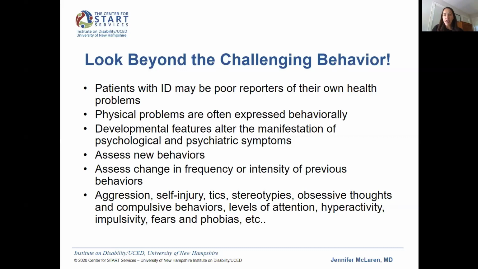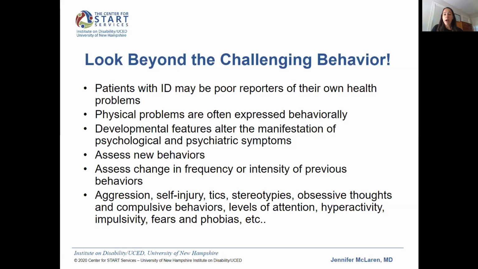I really think that we should reframe that statement and say that we are poor at understanding patients with ID's reports of their own health problems, right? We're not meeting them at their developmental level or their communication level, and we're not understanding their reports. It's not that they are reporting poorly, we are not understanding what they're trying to tell us. Individuals may express their physical problems behaviorally.